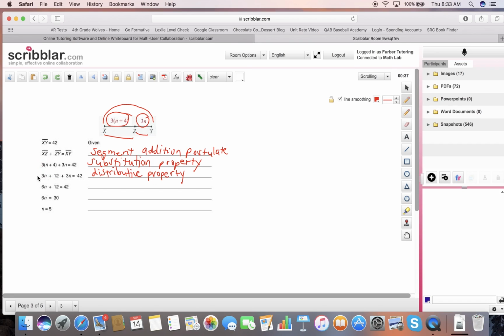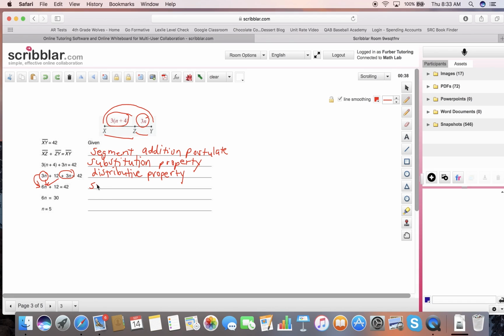How did I get to, or what did I do to get from here to here? You should be able to tell that it doesn't really relate to any property. I didn't substitute anything. I didn't add anything to both sides, so I don't have an equality property. What I did was I took this 3n and this 3n and I just simply combined like terms and added them together.